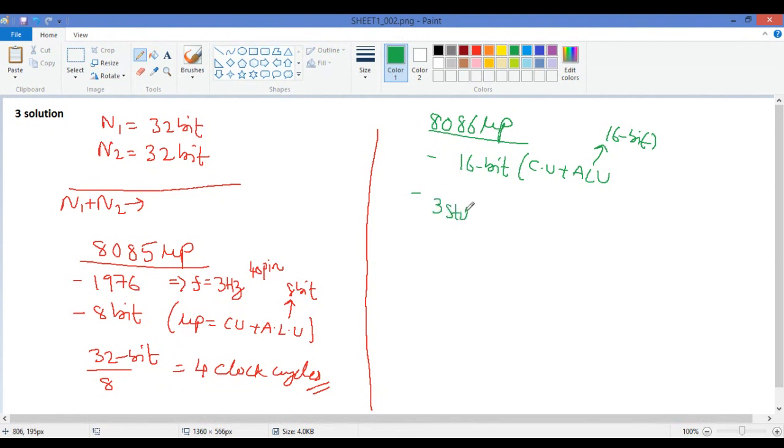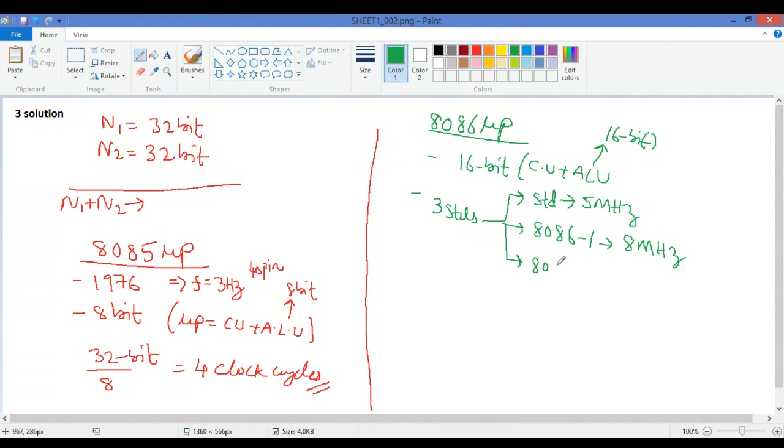One is the normal 8086 standard version, with a frequency of 5 megahertz. Another version is 8086-1, which is 10 megahertz frequency, and 8086-2, which I think has 8 megahertz frequency.